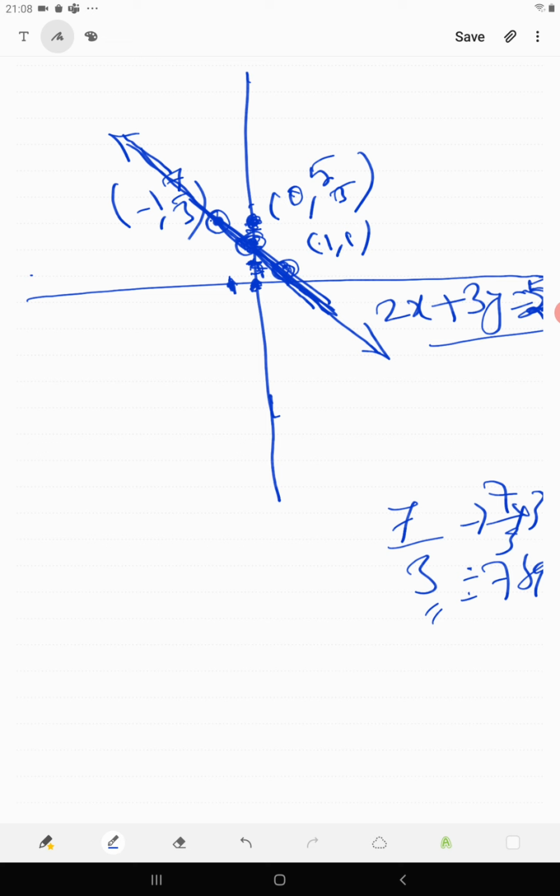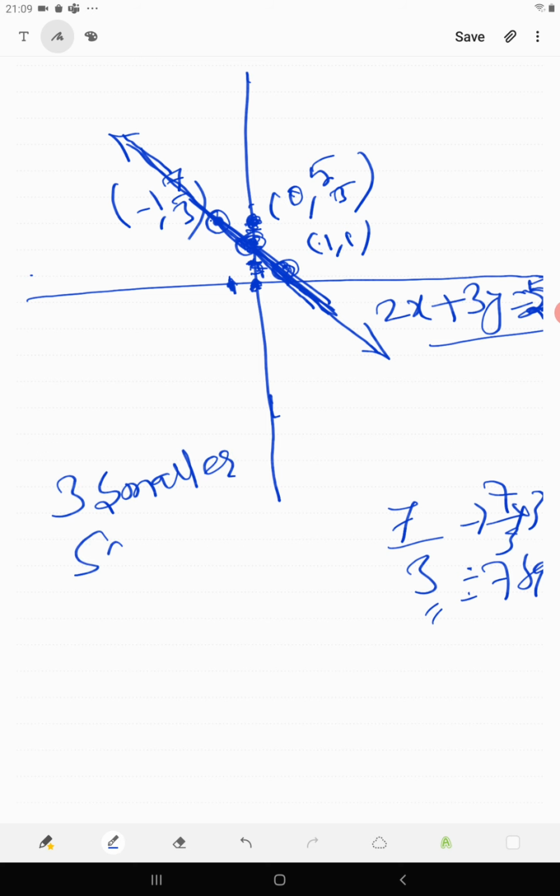So in y, I have assumed 3 smaller squares as 1 unit. So 7 by 3 becomes 7 smaller square units. Open your graph, look at the smaller squares and try it. So I took 3 smaller squares as 1 unit.